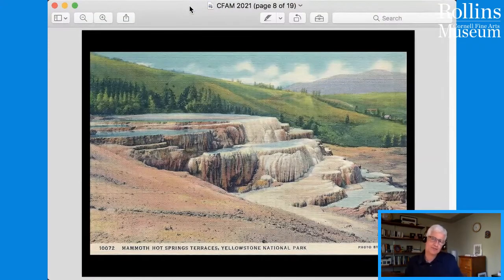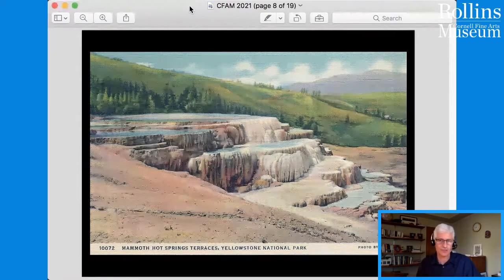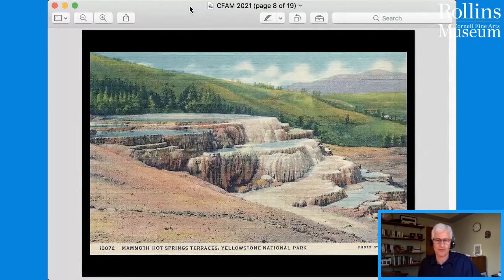And so for many of these postcards, they had this hyper-real color palette to them, and that very distinctive motif that I think is pretty familiar to a lot of people in the US.